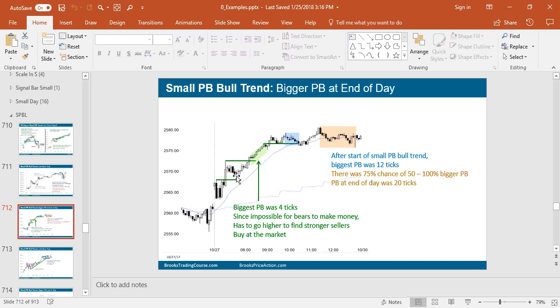Okay, small pullback bull trend began here. We had a breakout here, small pullback bull trend here.